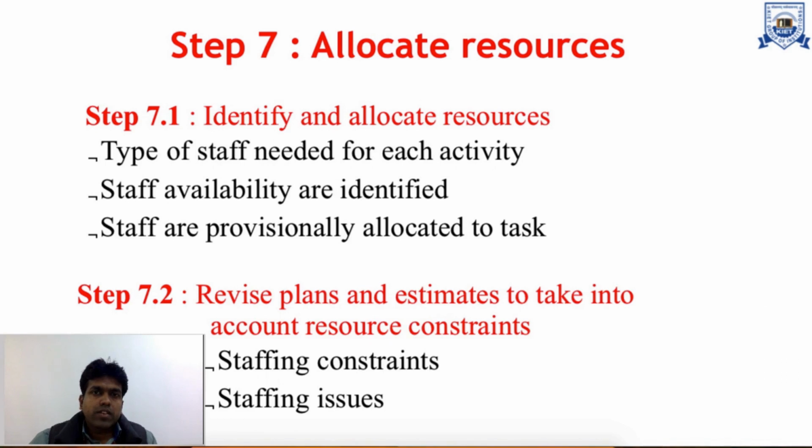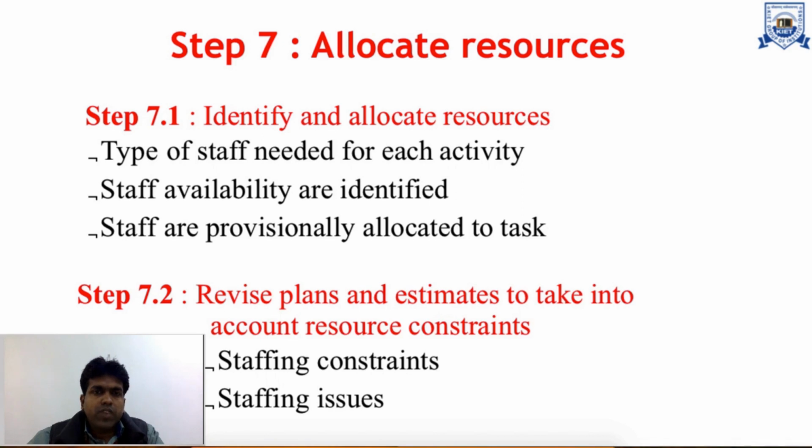Next step is allocate resources. After identifying risk, the next step is to identify and allocate the resources. We'll have to identify the types of staff who are needed for each activity. Staff availability is identified, and staff are provisionally allocated to tasks.